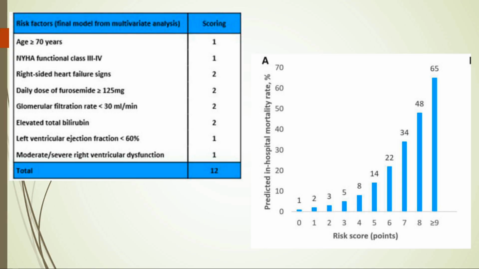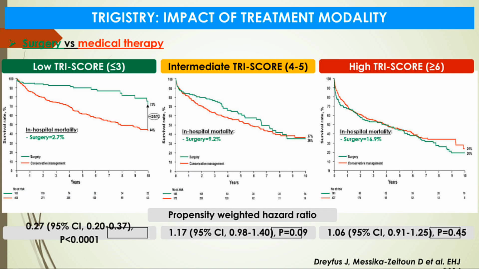Usually, if the TriScore is above 4, I would think twice about bringing those patients to the OR. These data have shown us that if you're in the low TriScore risk group, you have great survival and quite low perioperative mortality. But as you get into the intermediate risk, it becomes less favorable.